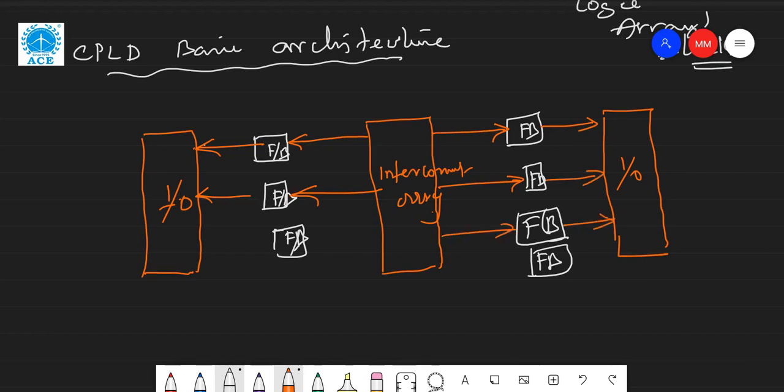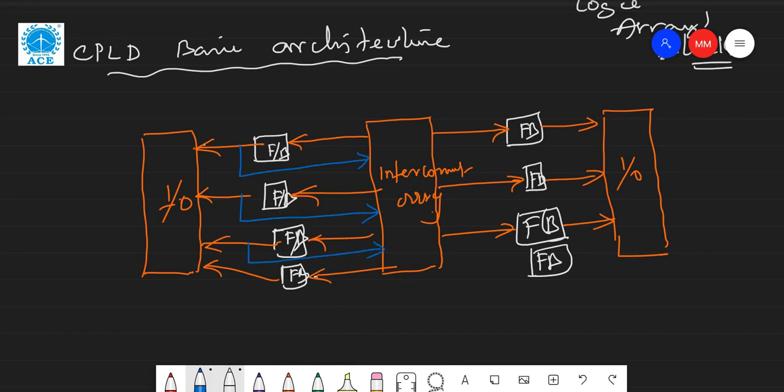So I draw here also FB. FB is nothing but functional block, right? Like this it is connected, and these outputs go back to the interconnect matrix. Generally we call it the global interconnect array or interconnect matrix, which consists of PLA and PAL, right?